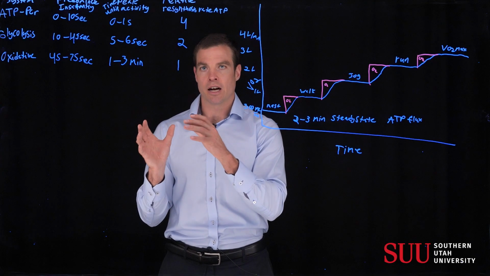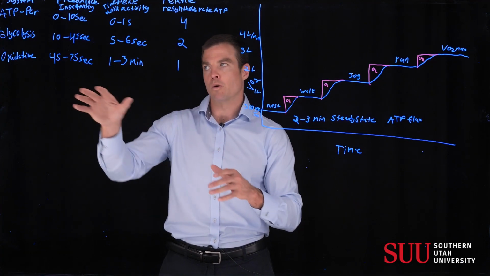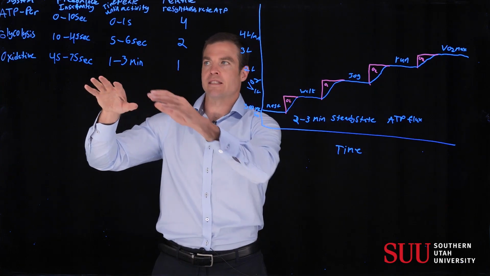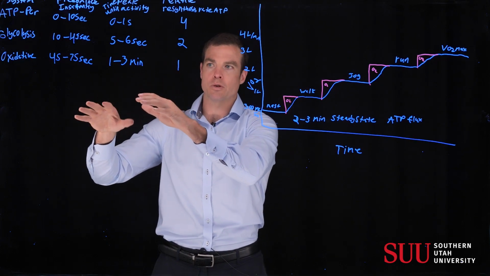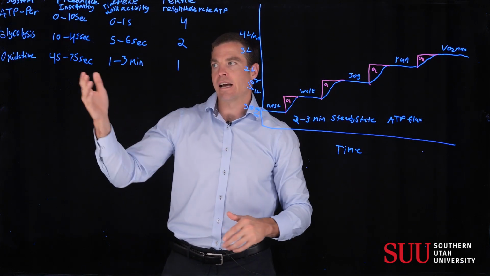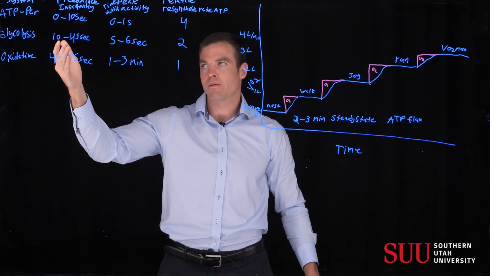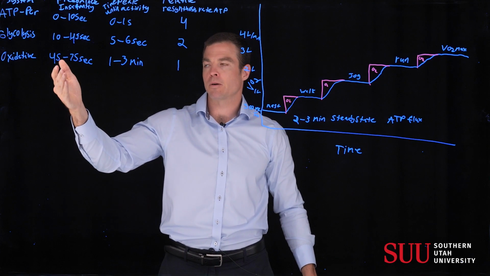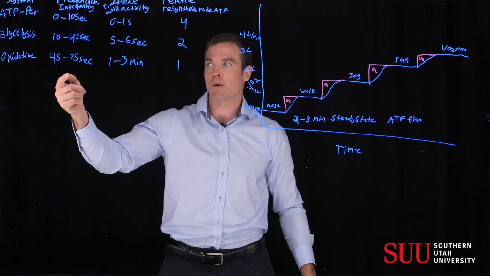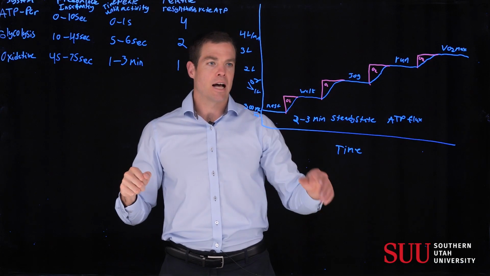That way, you have a couple minutes running at your VO2 max, and that system's fully active when you're doing that training. But yet, depending on the athlete, the oxidative system can be the predominant one quite quickly on.